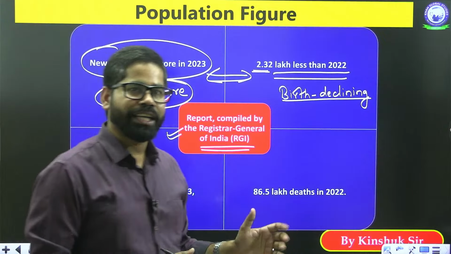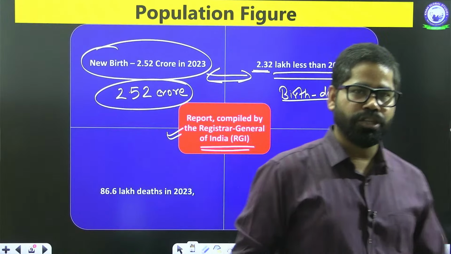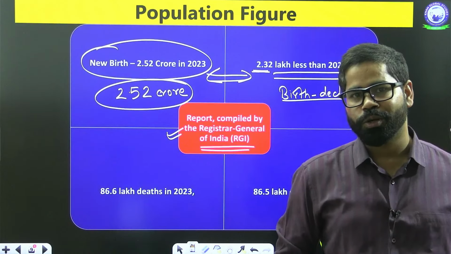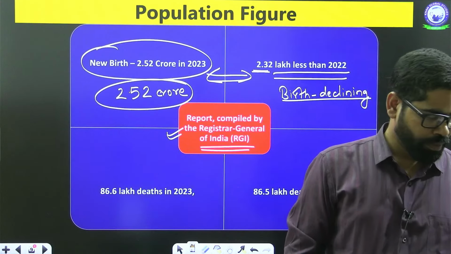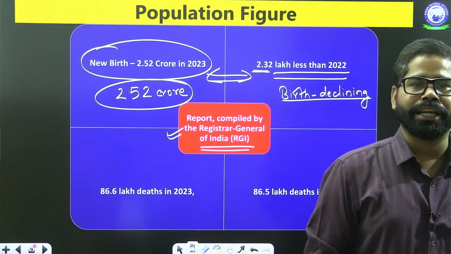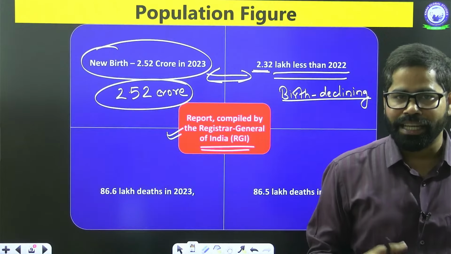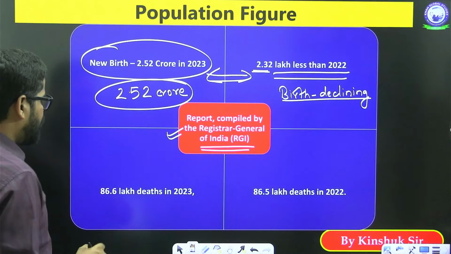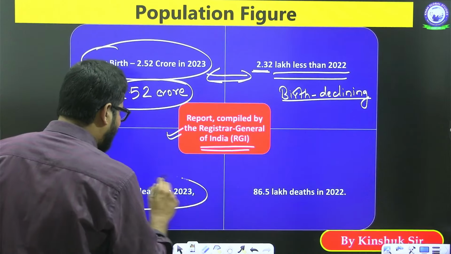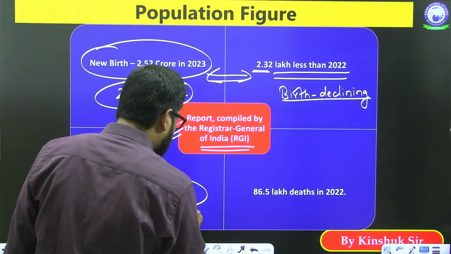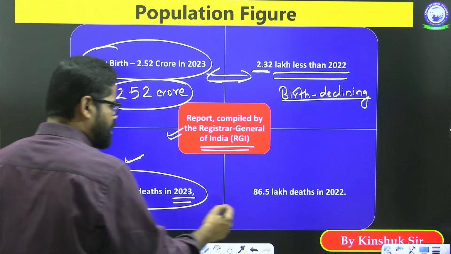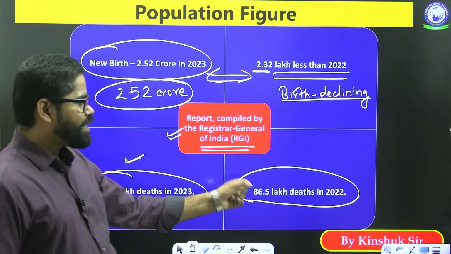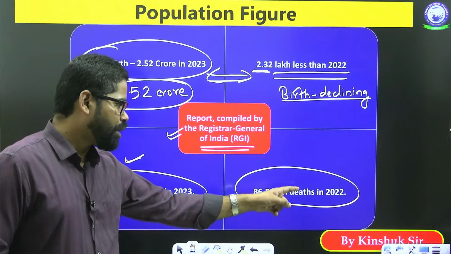We have been talking about this trend that India's population is going to start to decline. In 2022 we were having more children born in India, and now the numbers are declining. Then 86.6 lakh deaths were reported in 2023, just a minor increase from around 86.5 lakh deaths in 2022.